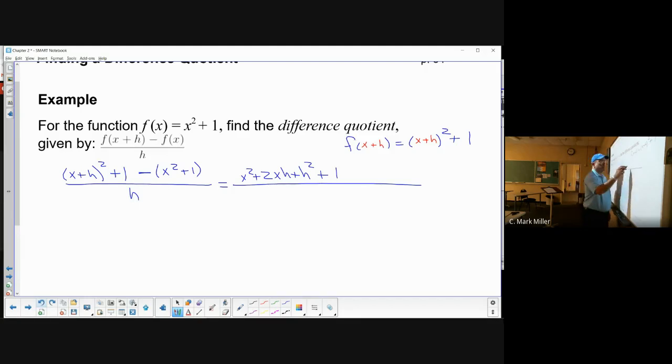So you're going to have minus x squared minus 1 all divided by h. And we have some things that cancel. Let people catch up. We're almost done. X squared minus x squared. Plus 1 minus 1.